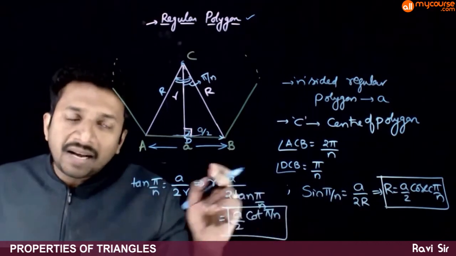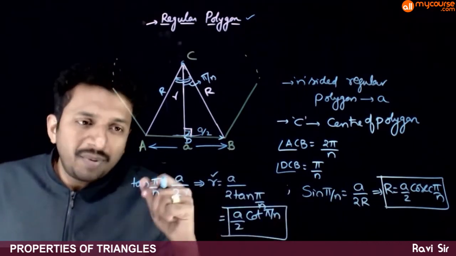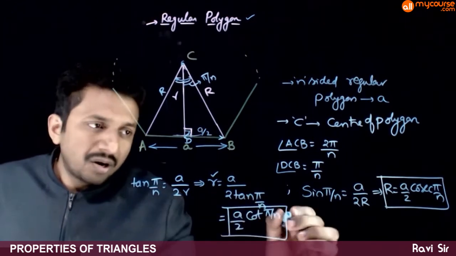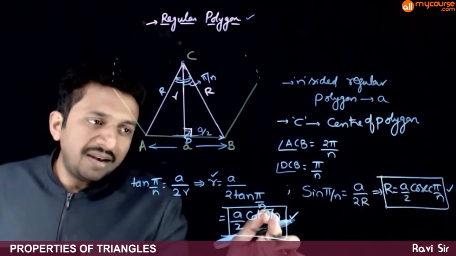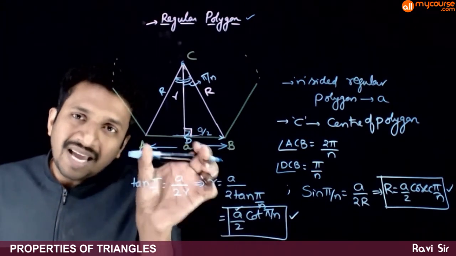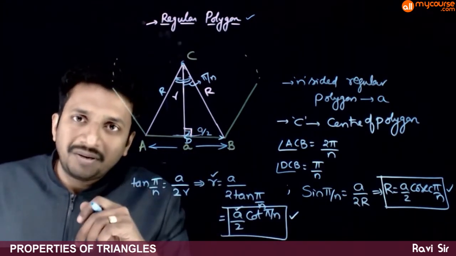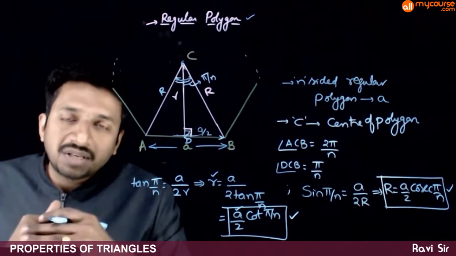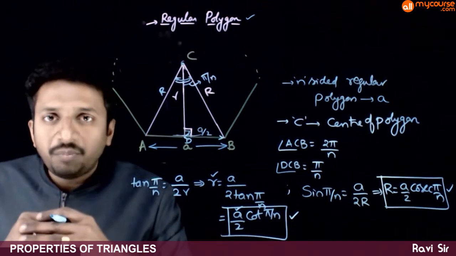So capital R is equal to A by 2 cosecant pi by n, and small r is equal to A by 2 cot pi by n, where n is the number of sides and A is the side of the regular polygon. So this is how we derive the inscribed radius and the circumscribed radius of a regular polygon.